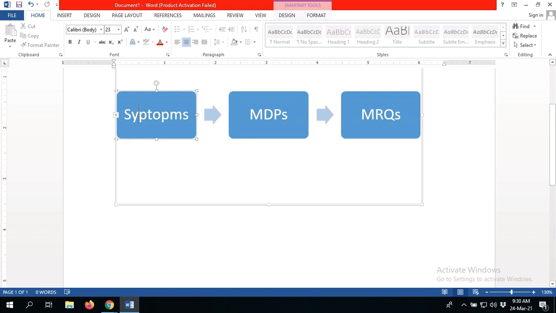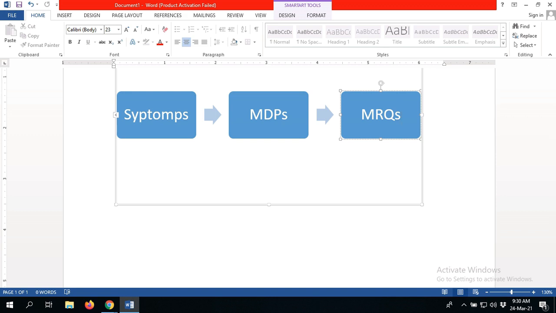Students, today we're going to learn to convert symptoms into MDPs, management decision problems, and then we will learn to convert management decision problems into marketing research questions. Basically this is a kind of action-oriented research.